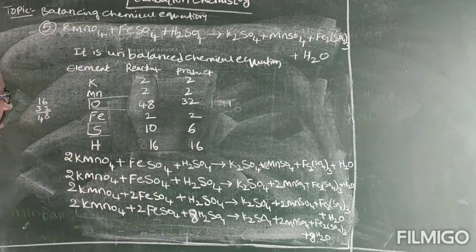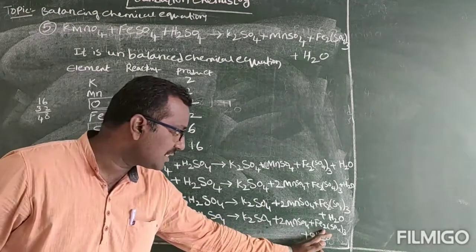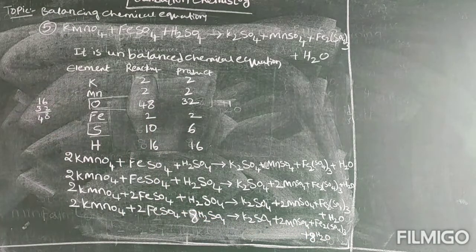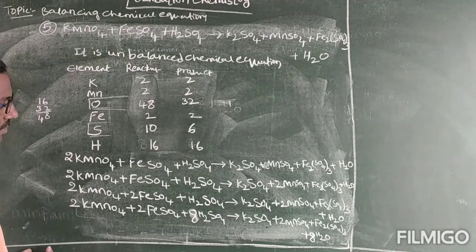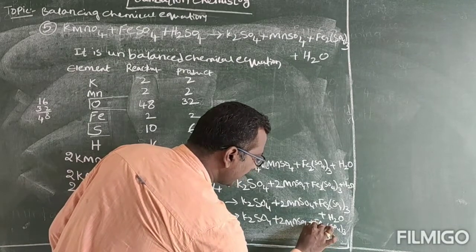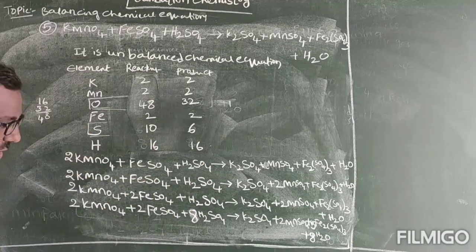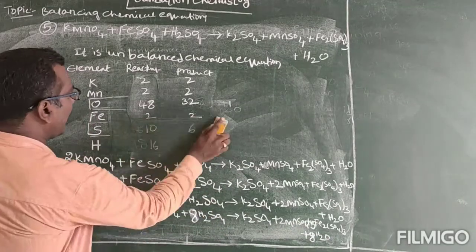Now what is the difference? Sulfur, this side it is 10 is there, but this side there is only 6. Then how can we? 6 means what can I do? I have to write here, let us take here 5. Make it there as 5 Fe2(SO4)3.